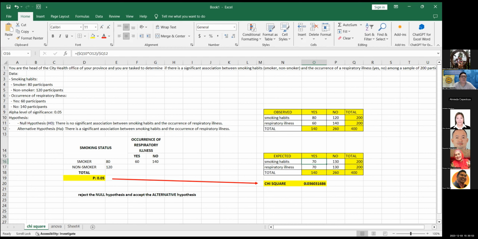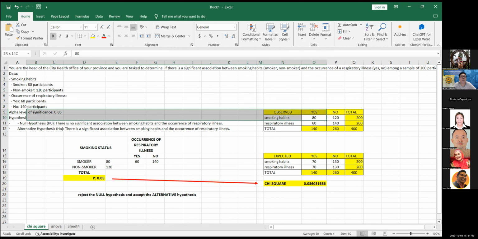And then yung kinompute ko po yung chi-square test, lumabas po sa chi-square is 0.03, which is below the alpha value of 0.05. Kaya sinabi ko po na reject the null hypothesis and accept the alternative hypothesis, which is there's a significant association between smoking habit and occurrence of respiratory illness.